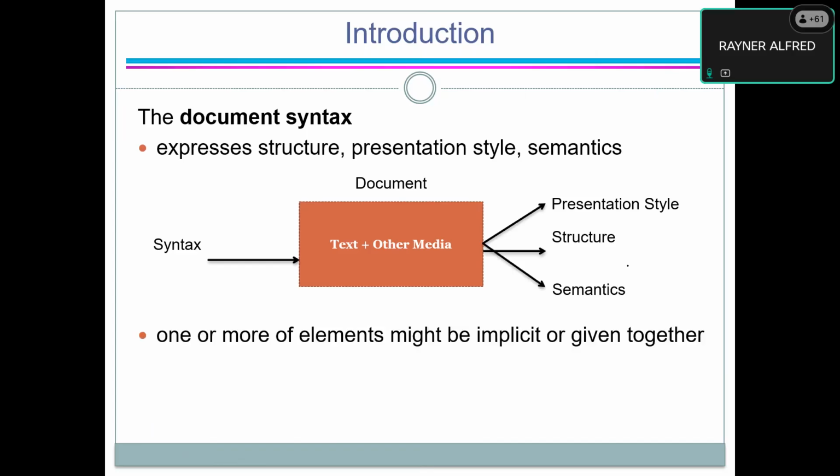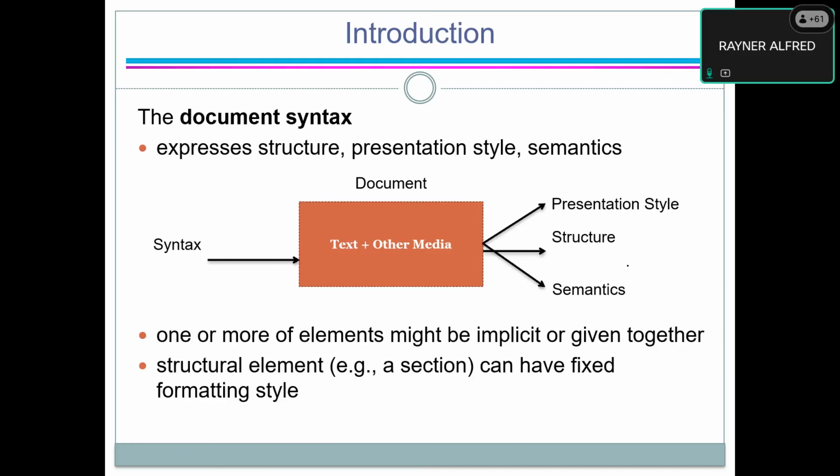Okay. So one or more elements might be implicit or given together. For example, we can have the structure and semantics together, or we can have the presentation style and the semantics together.